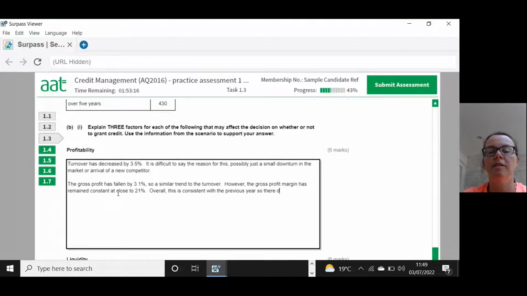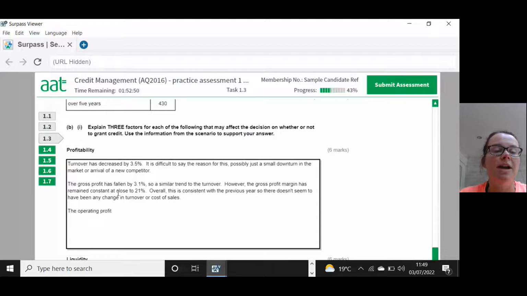So there doesn't seem to have been any change in turnover or cost of sales. It's not particularly exciting, but following this kind of writing frame approach, so 2 points on turnover, 2 points on gross profit, and then 2 points on operating profit.